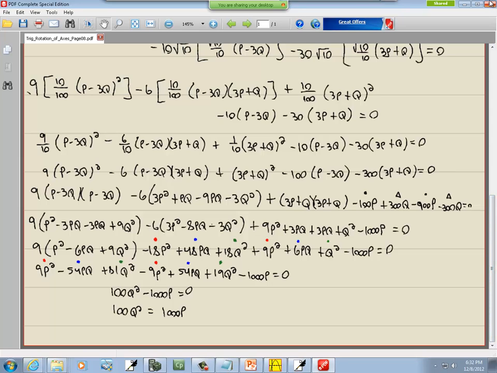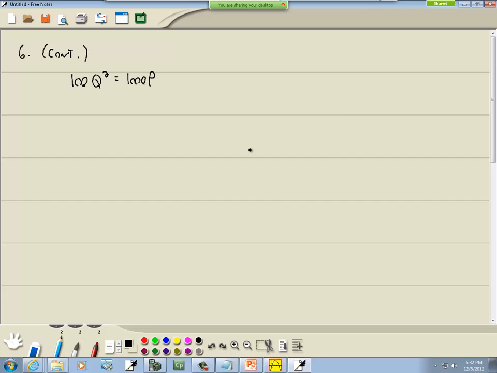Okay, yeah. Well, obviously I can divide both sides by 100. So I get q squared is equal to 10p. Now remember what we had these equal to. P was equal to x prime, and q was equal to y prime. So this becomes y prime squared is equal to 10x prime.